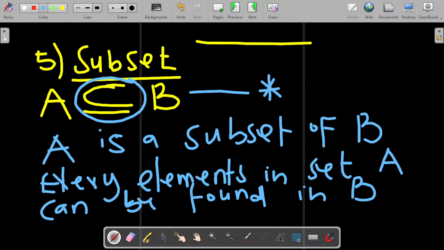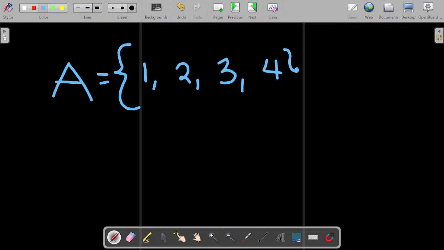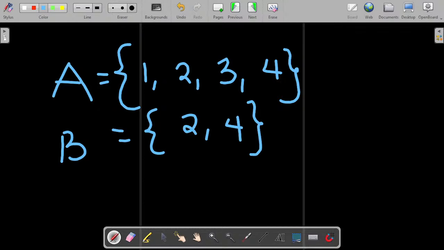Let's assume this is set A. I told you a set is already represented in what? In capital letters. So let's say set A is 1, 2, 3, and 4, for instance. Then set B is 2 and 4. If you look at B, what are the elements in B? Now that 2 and 4, can you find that 2 and 4 in A?